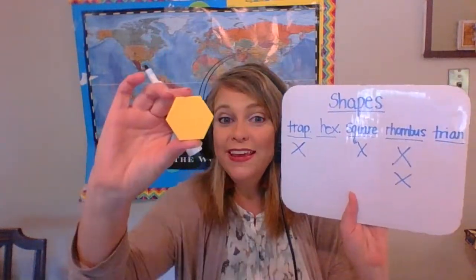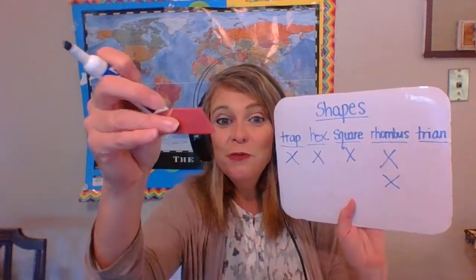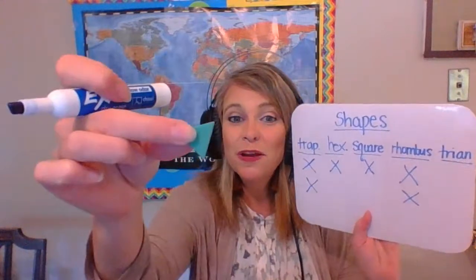Good. I've got one of these under my hexagon. Okay, I've got another one of these, another trapezoid. Okay, one of these, triangle, another one, triangle, and another one, triangle.